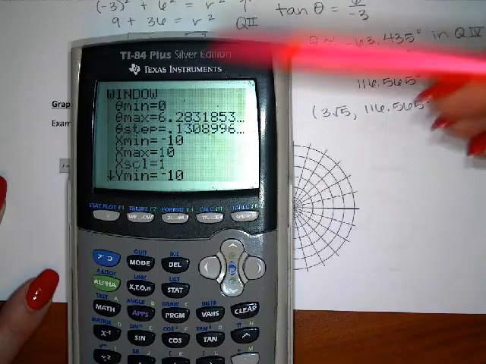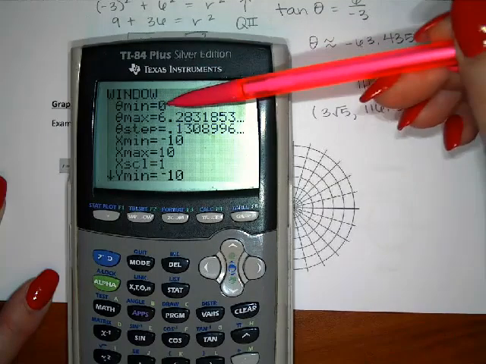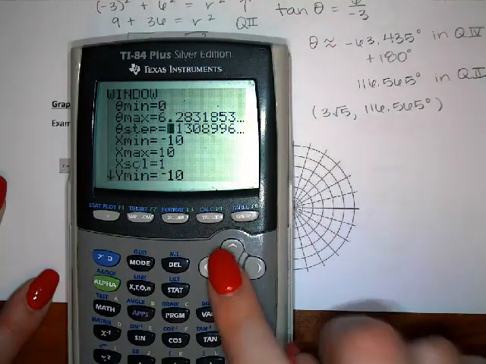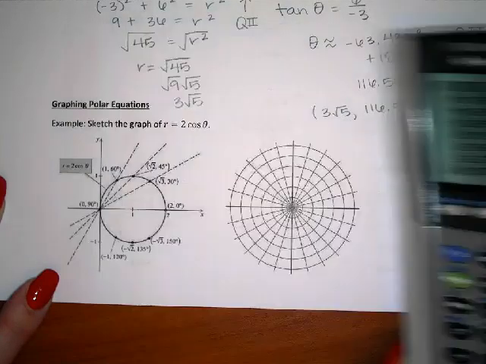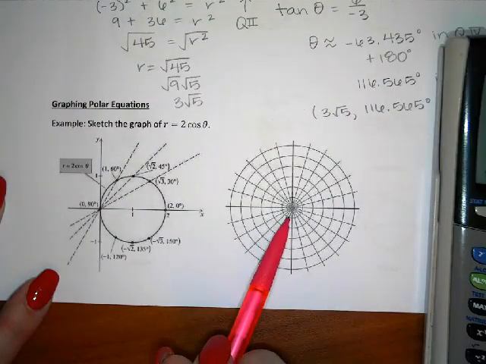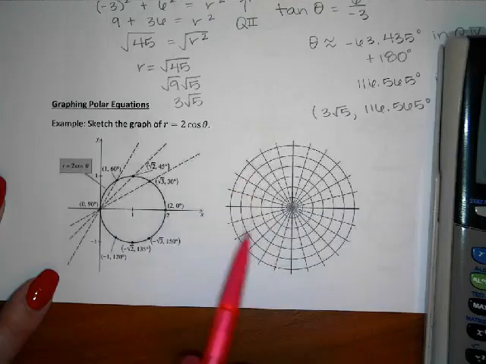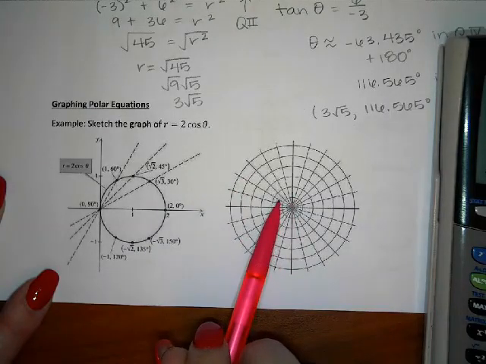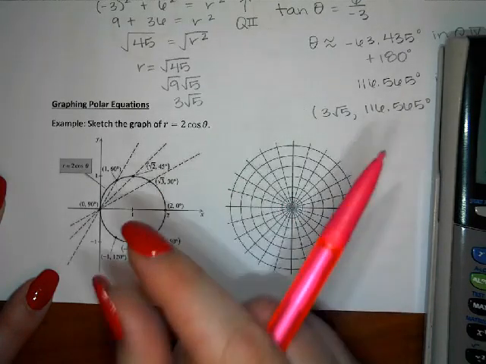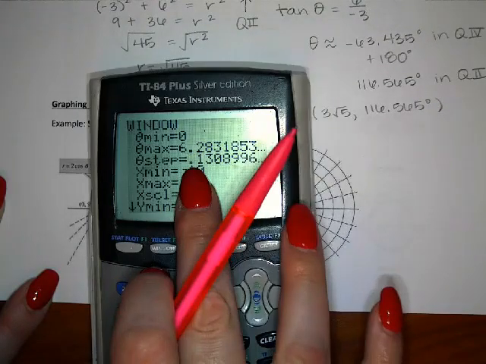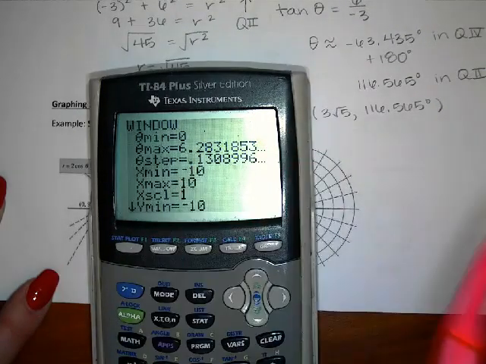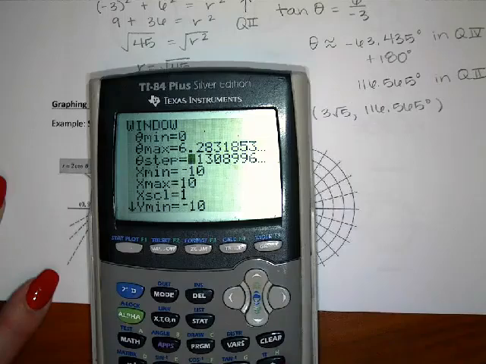Now, this theta step is kind of an interesting one because it just changes how quickly the graph is created, or how close the points are together. If you have a bigger value here, the graph is going to be created really fast. It's going to look like it's created with straight lines. It's almost going to look pixelated.